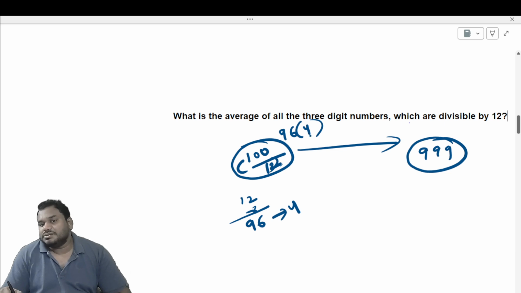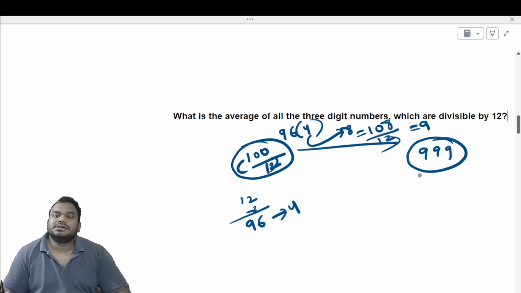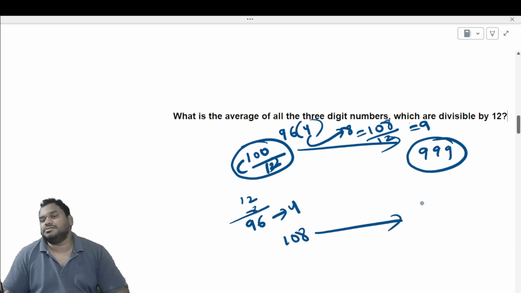But will 4 be divisible by 12 completely? No. You add 8 to this 4, then it will become 108. So 108 divided by 12 is 12 nines. So it means that 108 is the first number which is divisible by 12.